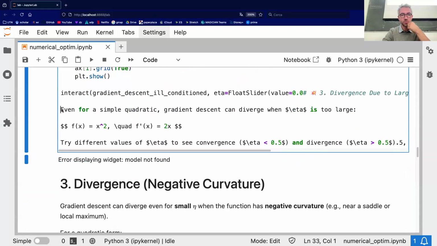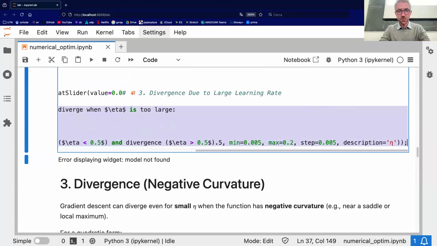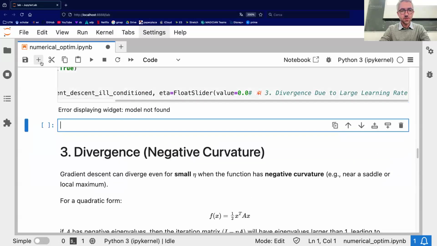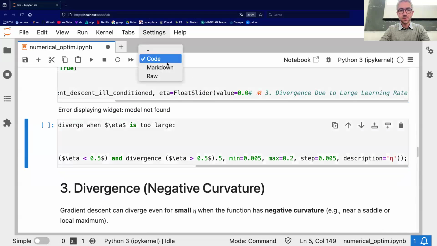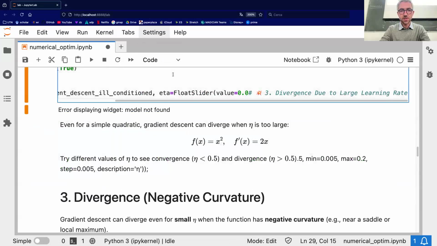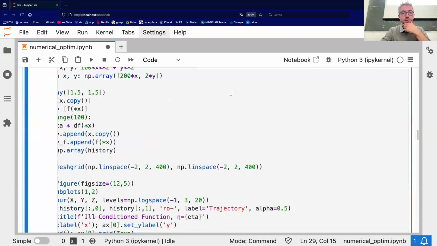Okay, and this one was supposed to be somewhere else. So let me just fix that. And then we can run this.